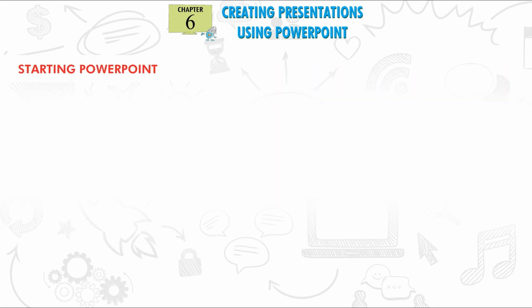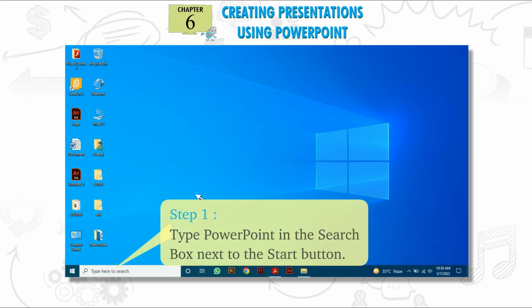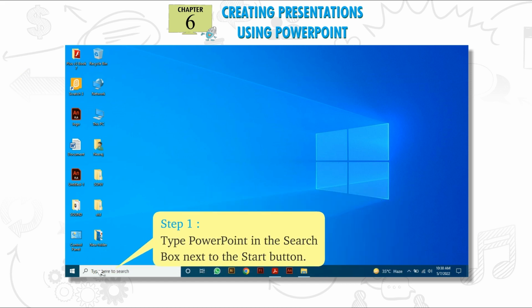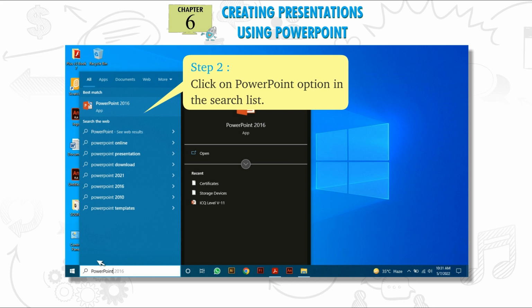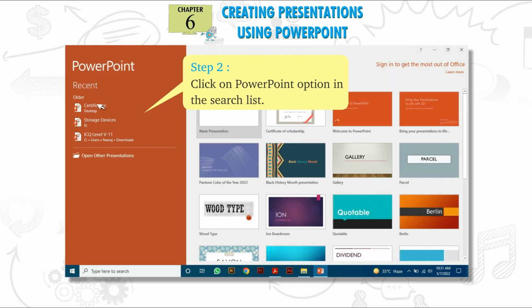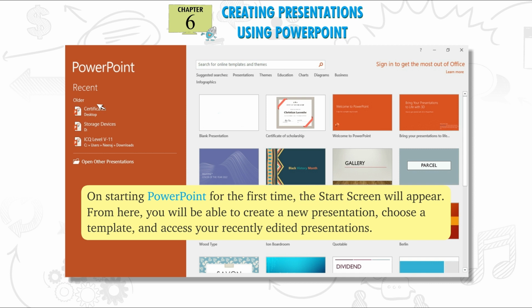Starting PowerPoint. To start Microsoft PowerPoint, follow the steps given here. Step 1. Type PowerPoint in the search box next to the Start button. Step 2. Click on PowerPoint option in the search list. On starting PowerPoint for the first time, the Start screen will appear.